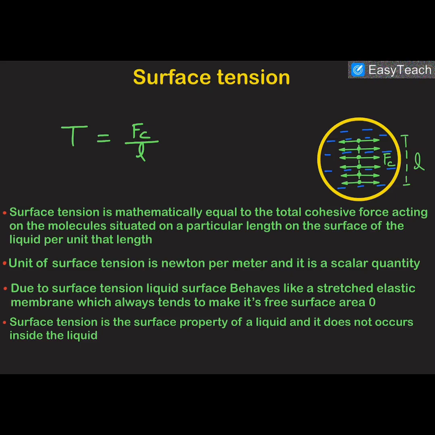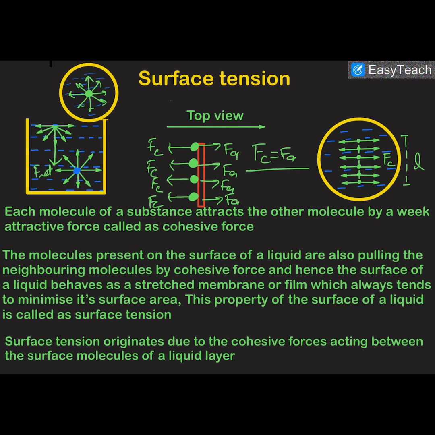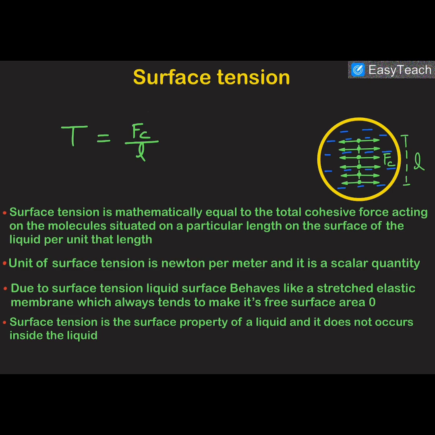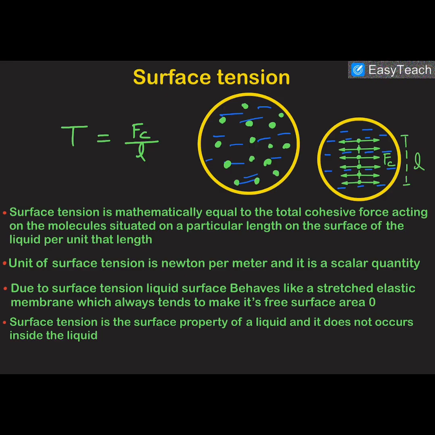Obviously, due to this surface tension, you can imagine that all the molecules are, if I again draw this diagram, let us draw the liquid again, and if I draw some of the molecules like this, these molecules will be experiencing the cohesive forces in all the directions.